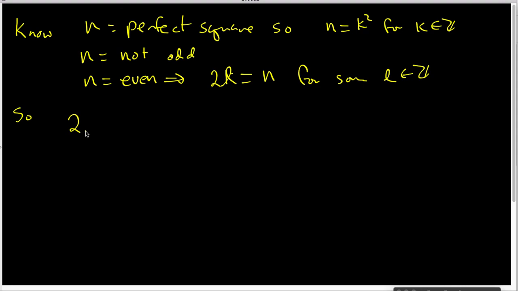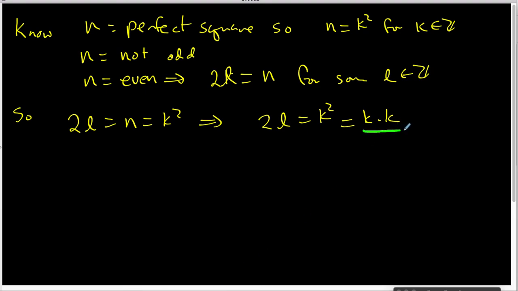So what do I know now? I know that 2l is equal to n, and n is equal to k squared. So 2l is equal to k squared, and k squared is k times k. And I know that the only way that a product can be even is for one of the factors to be even. Now, both of our factors are k in this particular equation.